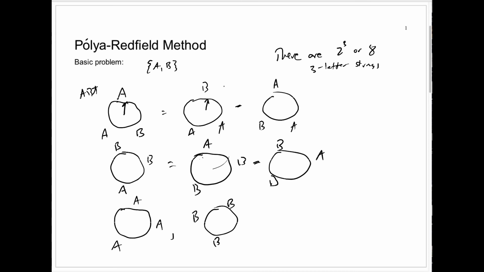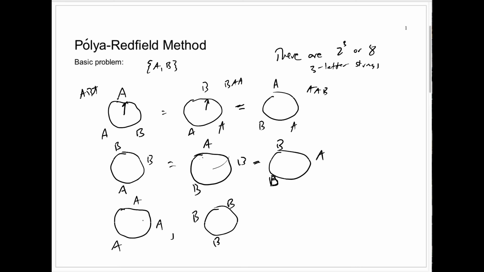We can think of the second one as the string BAA, go from the B to the A to the A. This one would be the string AAB. And those 3 strings would correspond to the same positioning around the table. I won't write these down now, but I'll have BBA is the same as ABB, which is the same as BAB.